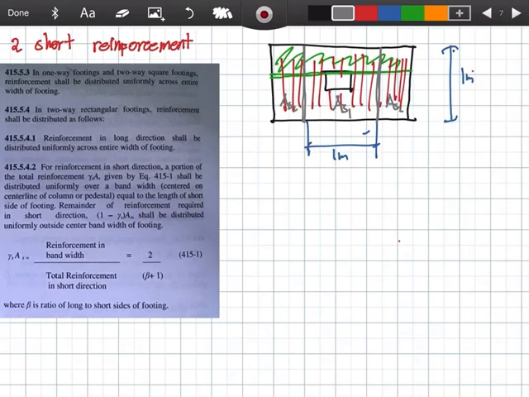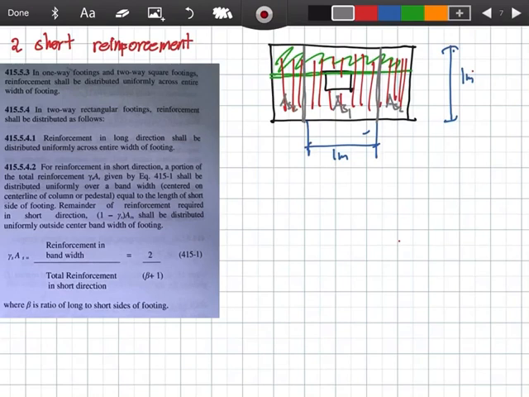Ibig sabihin, hindi parehas ng distribution ng bakal. Okay? Bakit hindi sila parehas? Ibig sabihin kasi niyan, mas madaming bakal ang ilalagay dito sa gitna. Ibig sabihin, pag mas madaming bakal ilalagay sa gitna, mas siksik yung kanyang bakal, mas maliliit ang spacing compared dun sa nasa gilid.